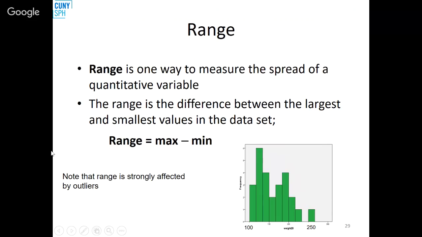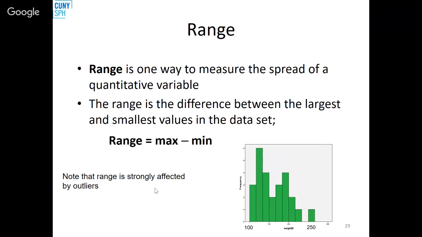And finally, range is another measure of the spread, and all it is, is the difference between the maximum observation and the minimum observation. So it's kind of a natural one to describe the data. What are the minimum and maximum values and the difference between them? I should note, though, that the range is strongly affected by outliers, of course. Just a single value can completely change the range. And as such, it's also not a stable measurement with respect to sample size.